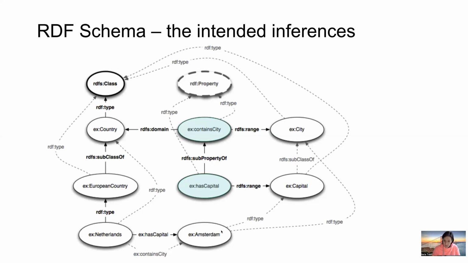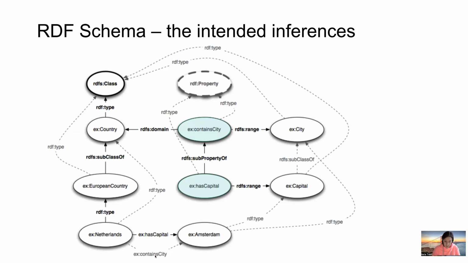Then Amsterdam is inferred as being a capital, and is inferred as being a city, because we expressed the domain and range of these properties. We say that has capital always appears with instances of a capital class, and therefore Amsterdam will be an instance of a capital.